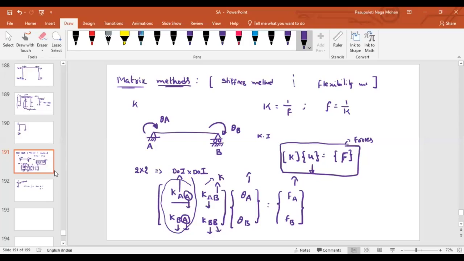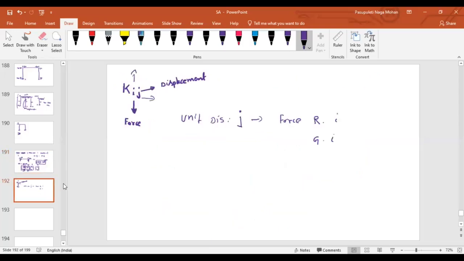Whenever you are talking about the stiffness matrix, if you want to estimate the first column, you have to apply the unit displacement at A. After applying unit displacement at A, what you should do? You should find out the forces required at A, and also the forces required at B.